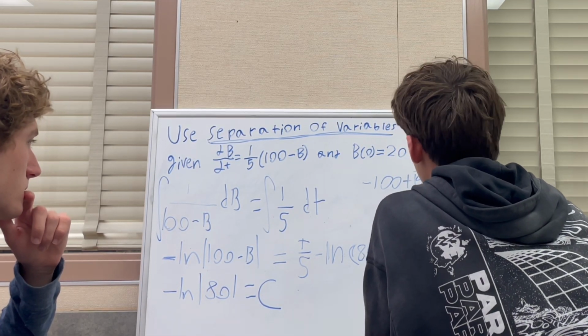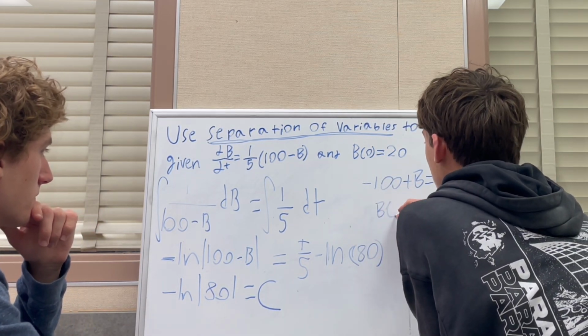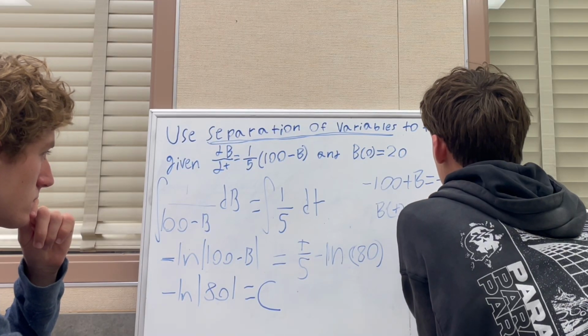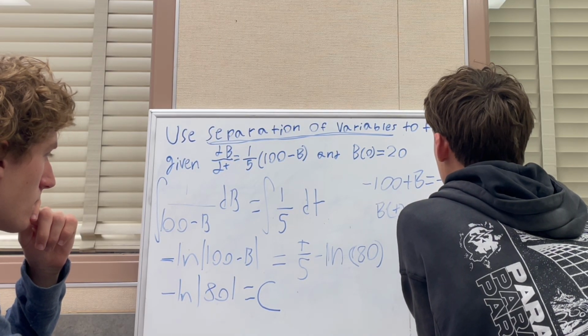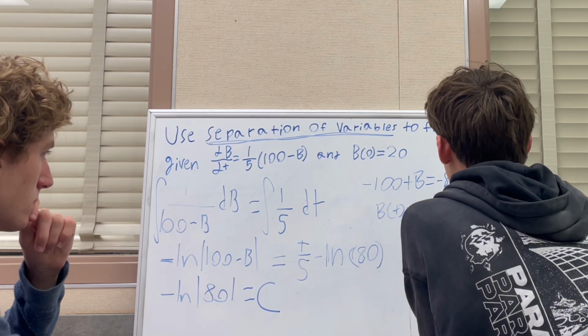And b is super easy to solve from there. You just add 100 to both sides, in order to get b of t is equal to 100 minus 80 times e to the t over 5.